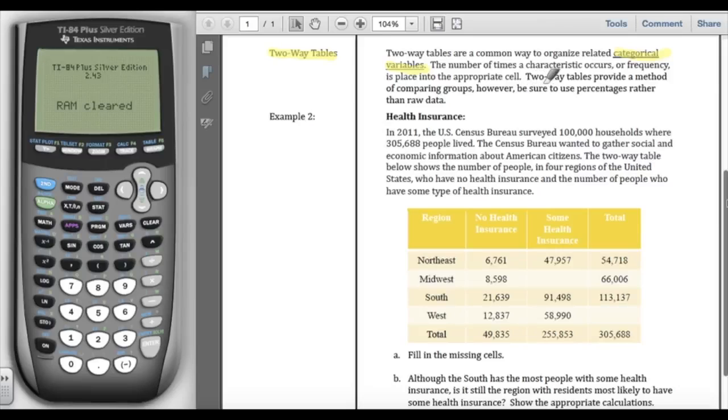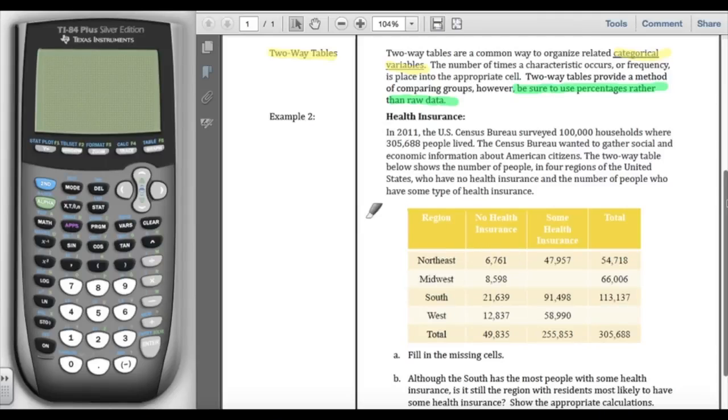The number of times a characteristic occurs, or its frequency, is placed into the appropriate cell. Two-way tables provide a method for comparing groups. However, please be sure to use percentages rather than raw data when you're making those comparisons.